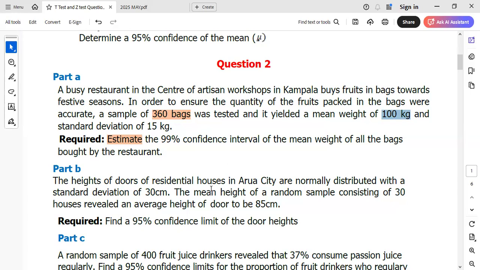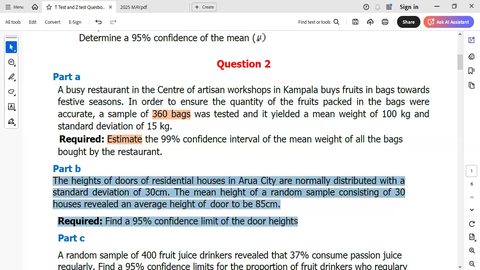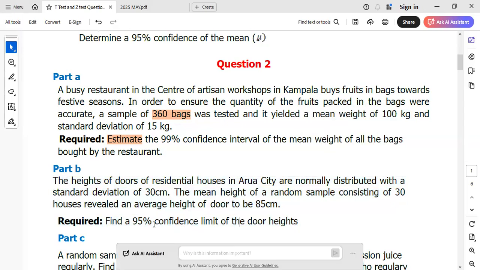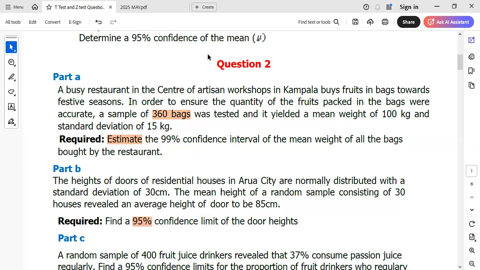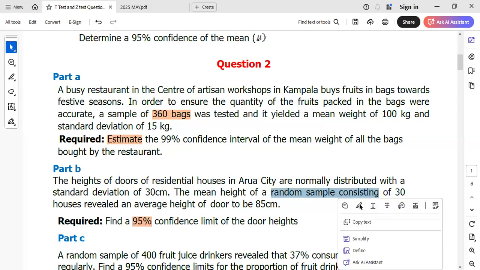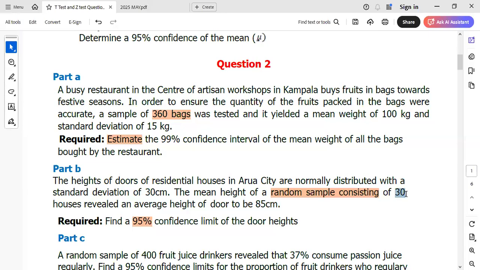I'm giving you an assignment. You're going to do part B, where you are testing at 95. When you're testing at 95, that is 5%. Divide it by 2. After getting the answer, get 0.5 minus the other. The sample size is 30, so you are still using the z-test.